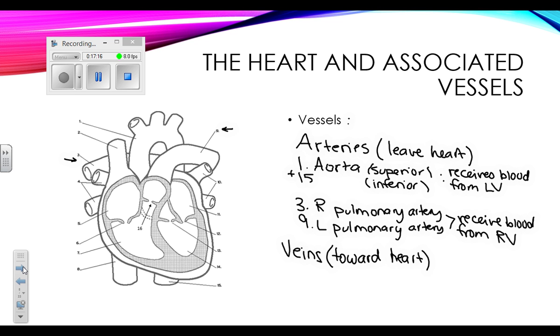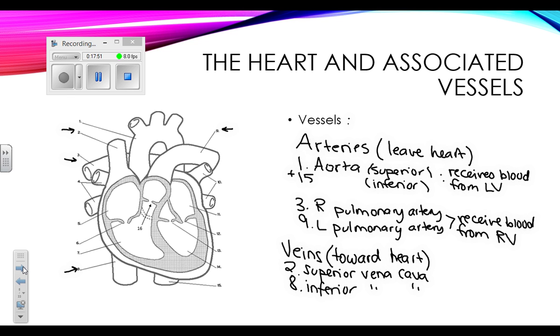Now, there are some veins. We had 2 basic arteries, the 2 branches of the aorta, the 2 branches of the pulmonary artery, but those are 2 main arteries. We also have 2 major veins. Number 2 and number 8 are both branches of the same vein. Number 2 is the superior vena cava, and number 8 is the inferior vena cava.